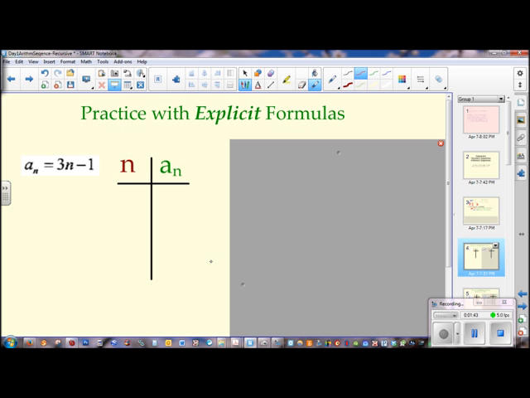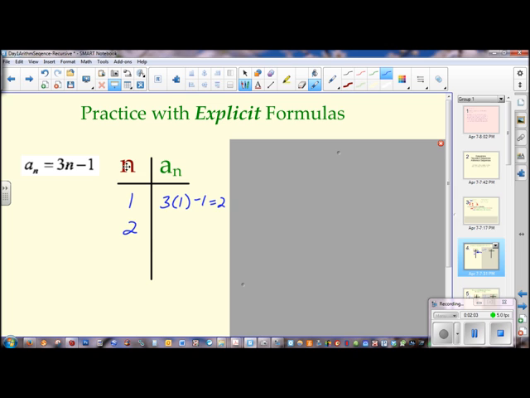We have something called an explicit formula. An explicit formula tells us exactly how we could write any single term in the sequence. So I'll start with an n of 1. The first term in the sequence means I'd be plugging in a 1 into this formula. That would give me 3 times 1 minus 1, so my answer here is 2.